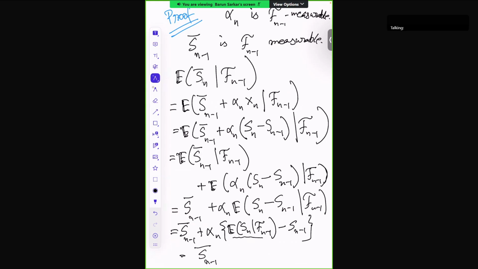So this is a martingale: the expectation of Sn bar given Fn minus 1 is equal to Sn minus 1 bar. This is the proof of the first part.